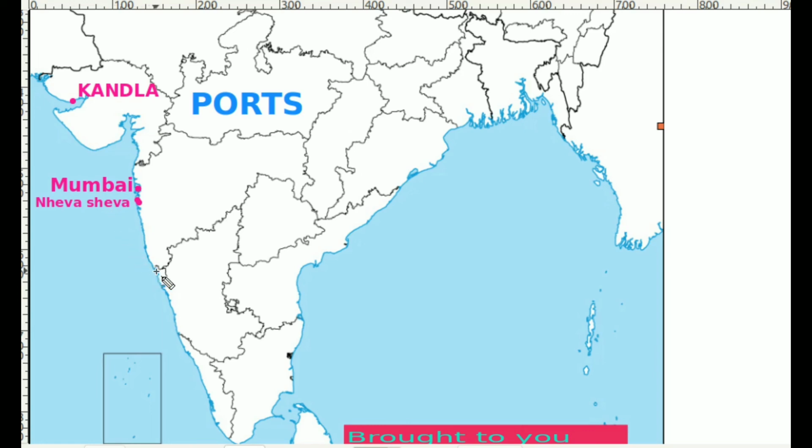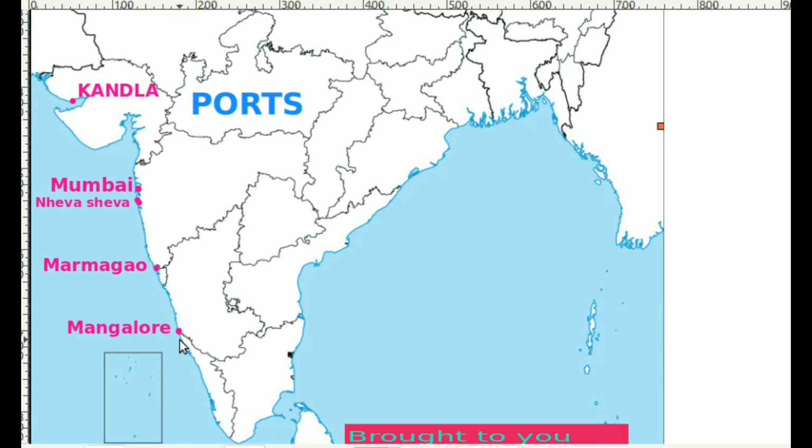And we can mark Marmagova port in northern border of Goa. It is Marmagova, very close to the Maharashtra border. And it is Mangalore port in Karnataka, very close to the Kerala border.